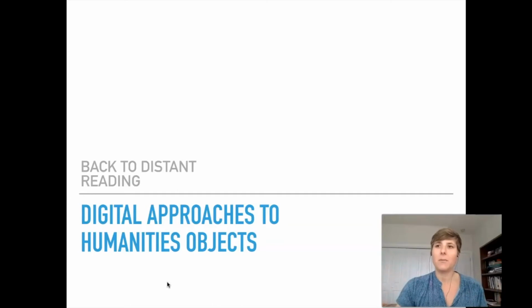It's using the computer's superior skills over humans so that we can read massive amounts of text that humans simply can't read. And I do want to be clear that in this class, we'll be focusing on literary texts, but this, of course, could be done with any kinds of text. And one other area where this happens a lot, and we'll talk about shortly, is in historical papers, so reading historical documents and historical texts.